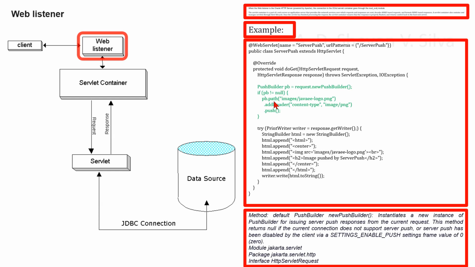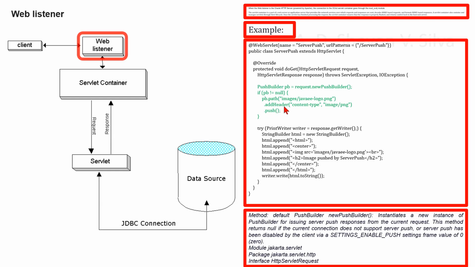And here the path, String path, sets the URI path to be used for the push, and it returns PushBuilder. Here addHeader, String name and String value, adds the request header to be used for the push.